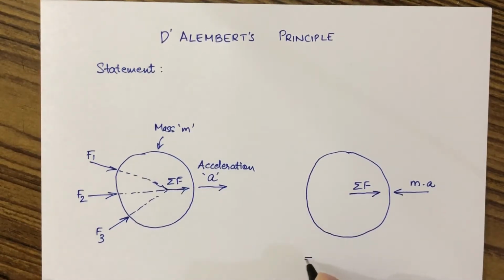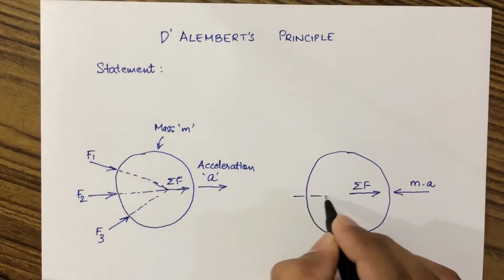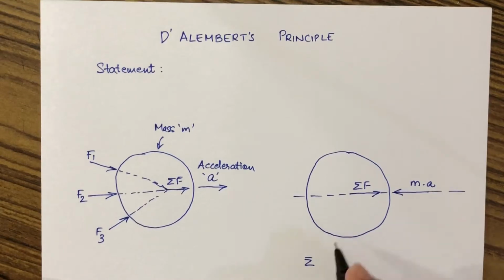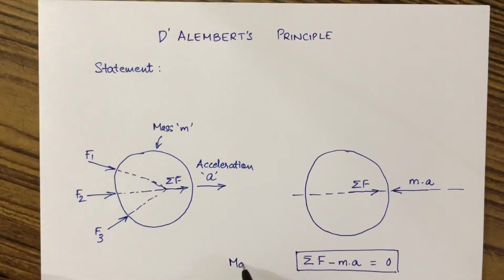This is in the same line of action, so summation F is going towards right, and Ma is coming to the left, so summation F minus m into A is equal to 0. And this is the main equation of D'Alembert's principle.